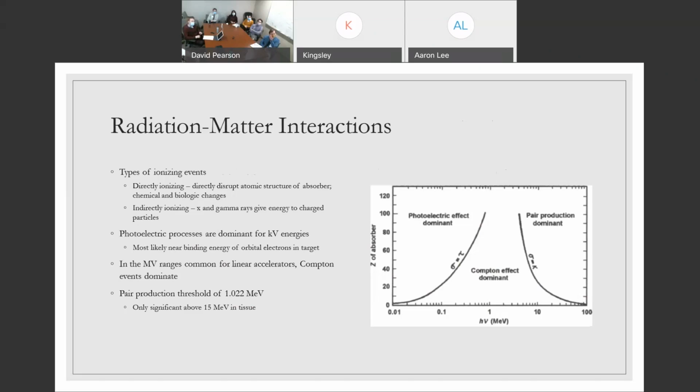In the famous image on the right here, you can see that for the Z of absorber around 8, anywhere in the MeV range is going to be dominated by Compton up to probably around 15 or 20 MeV, where pair production starts to become dominant. And recall, pair production has a threshold of 1.022 MeV, and again, the contribution for that really is only significant above 15.